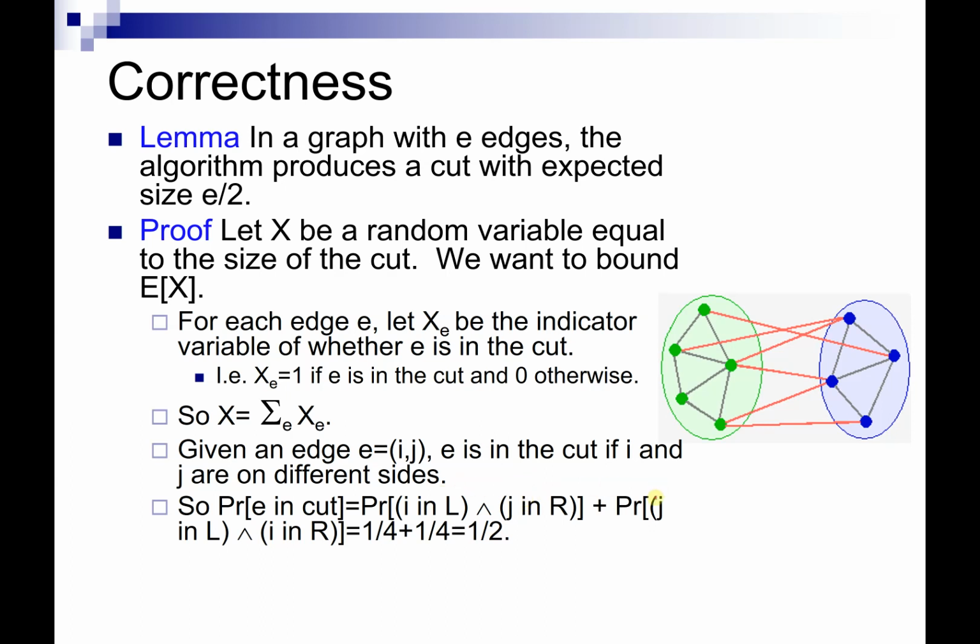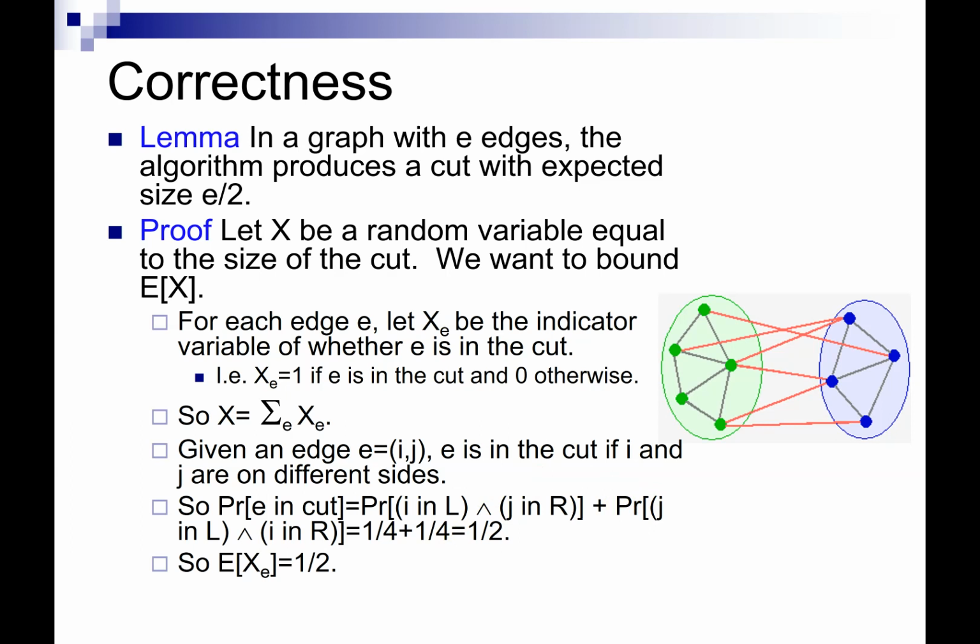Likewise for j on the left and i on the right, this is also going to have 1/4 probability. Of course these 2 events are disjoint from each other, so the probability that either of them happens is just the sum of their probabilities, and this is going to be 1/2. So therefore the probability that an edge e is cut is 1/2.